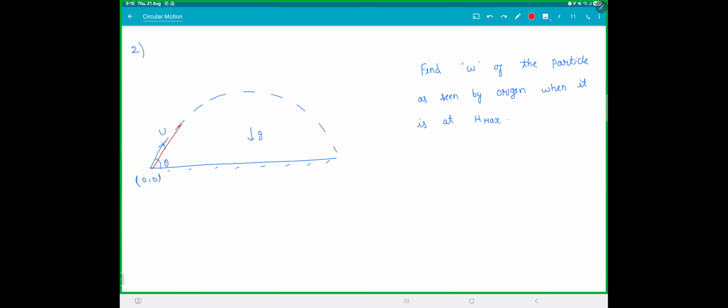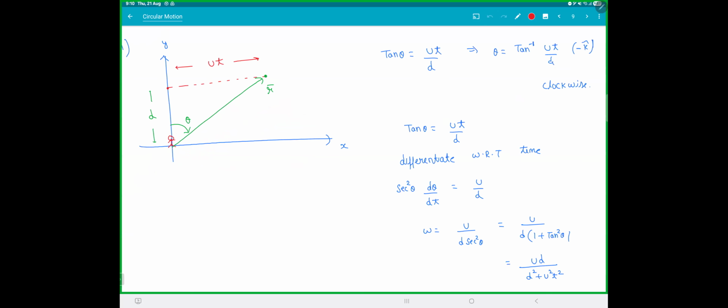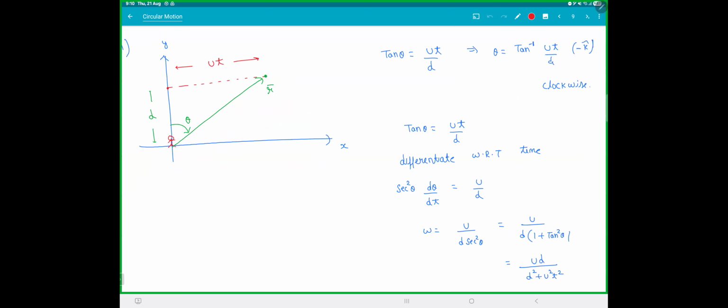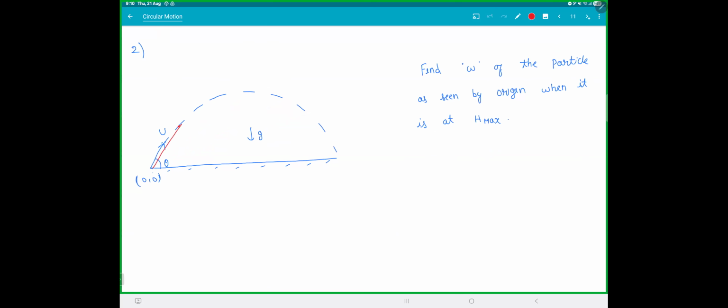Look at the previous problem, the best example. It is going in a straight line, and I defined angular velocity for this. So angular velocity doesn't care about the circle. I know the chapter name is circular motion, so we'll be studying a very special case of it where things go in a circle. But you can define this omega and everything in general for any type of motion.